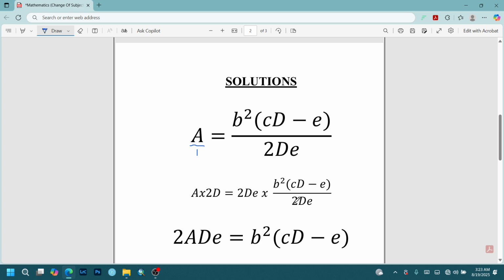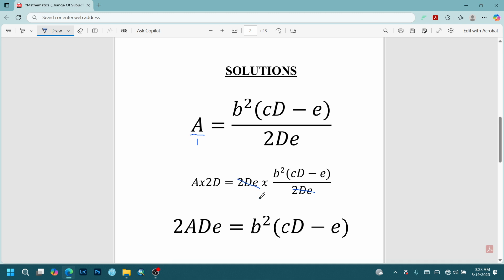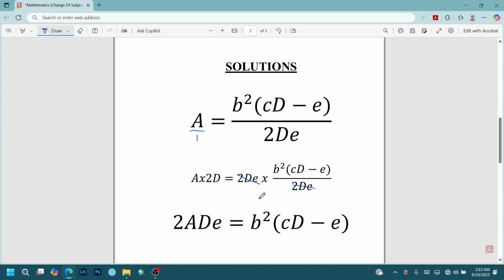This 2DE will cancel itself out. This 2D also cancels out, right? So we are going to get our equation to be A multiplying 2DE equals B squared multiplying (CD minus E), all in brackets, right?